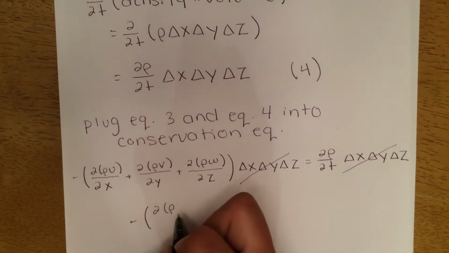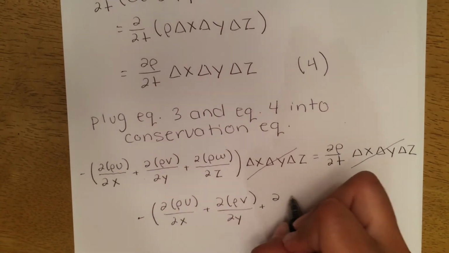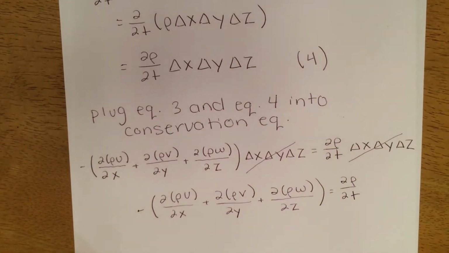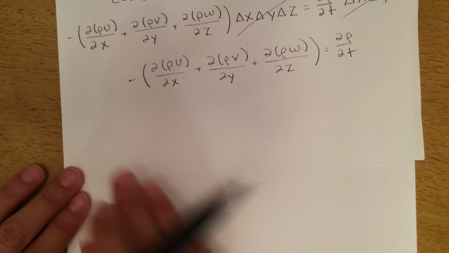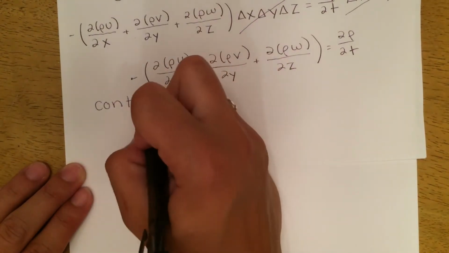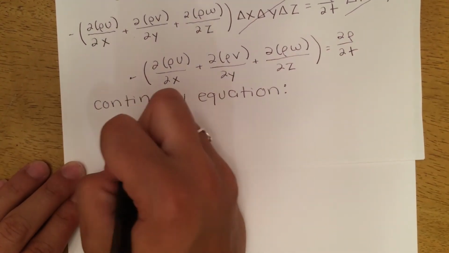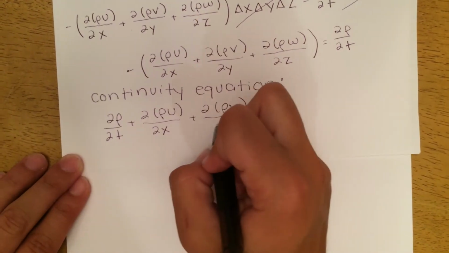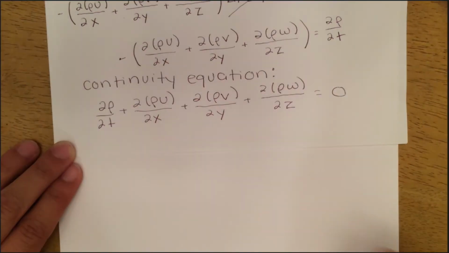And after some rearranging, our final equation is called the continuity equation. This is the form that we will most commonly use for the continuity equation.